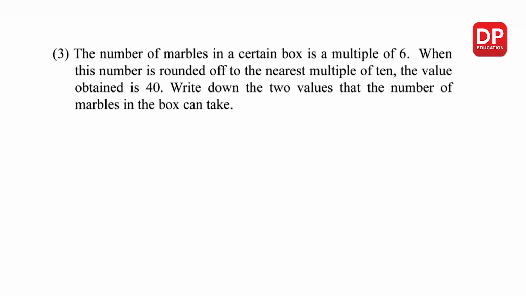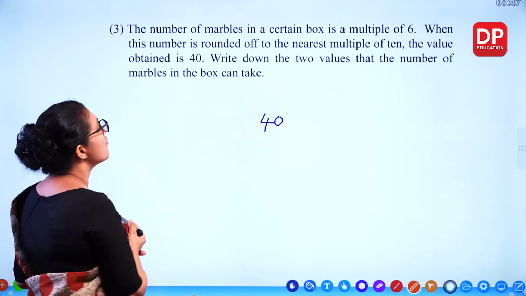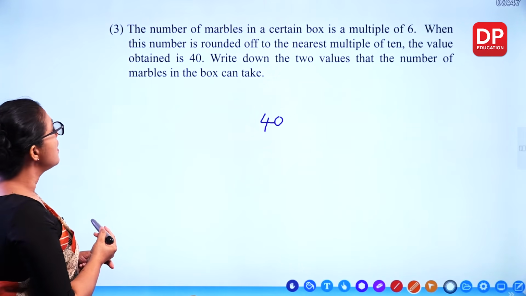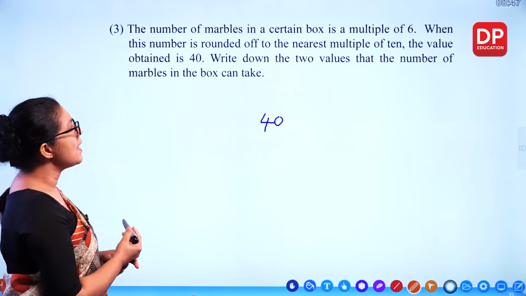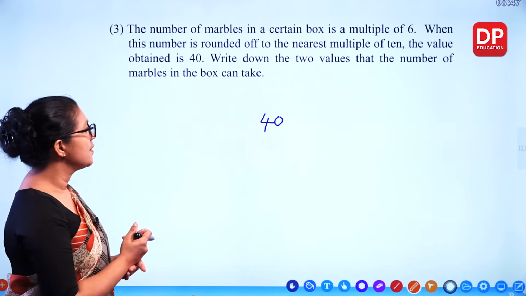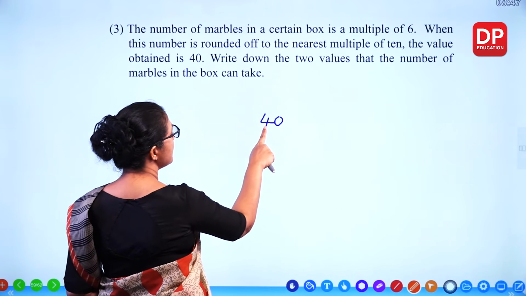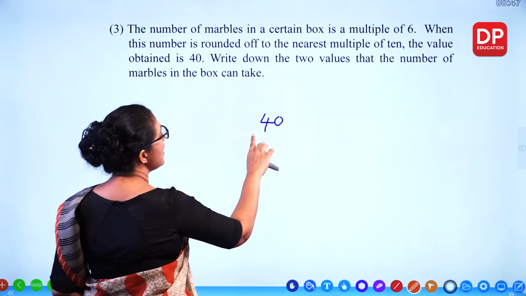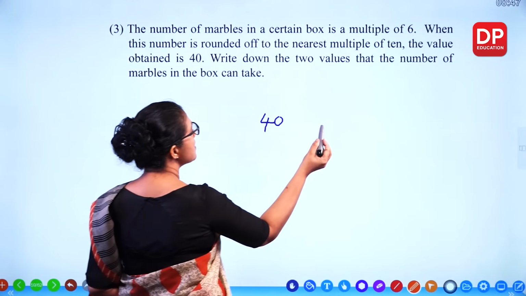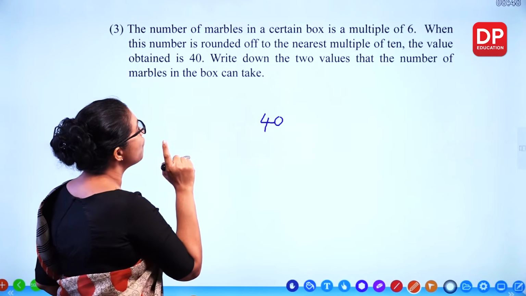The number of marbles in a certain box is a multiple of 6. When this number is rounded off to the nearest multiple of 10, the value obtained is 40. Write down the two values that the number of marbles in the box can take. So, rounded to the nearest multiple of 10, it can be above 40.